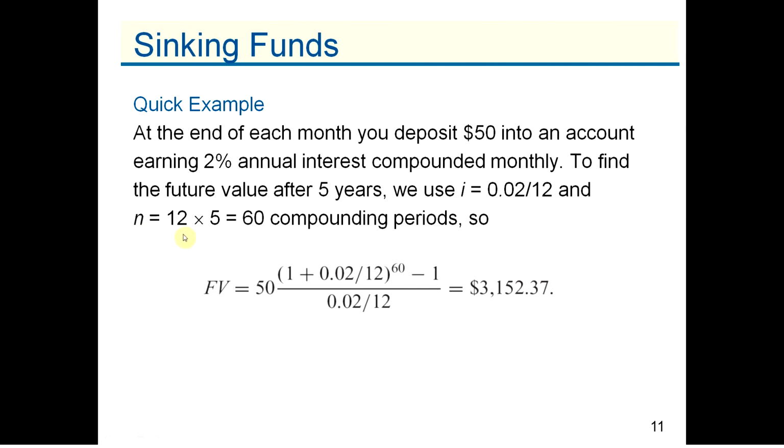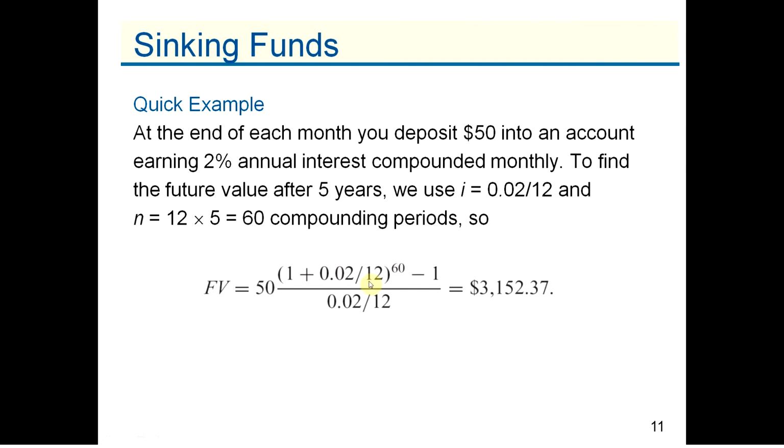And N is going to be MT. So M is my total number of interest calculations per year, compounds per year, and 5 is my number of years, so that gives me 60. So now I can plug that in, plus my $50 payment, into my calculator, and I should get $3,152.37.